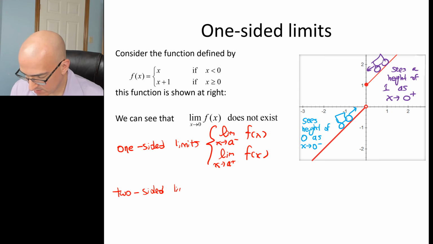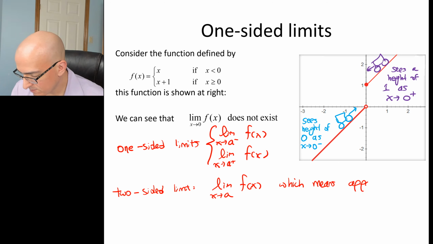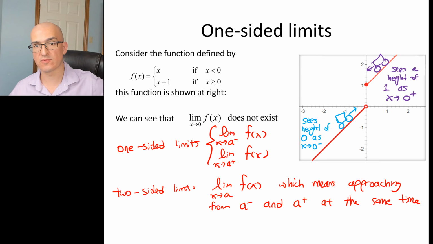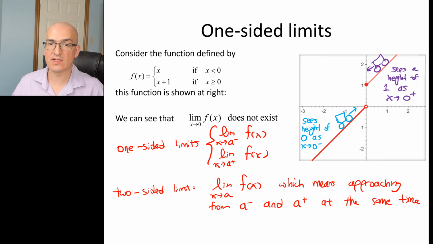Two-sided limit, that's the limit as x approaches a of f of x, which means approaching from a minus and a plus at the same time. So you're asking it on both sides. What's your y value as you come from the left? What's your y value as you come from the right? And if those numbers aren't the same, then that limit doesn't exist.